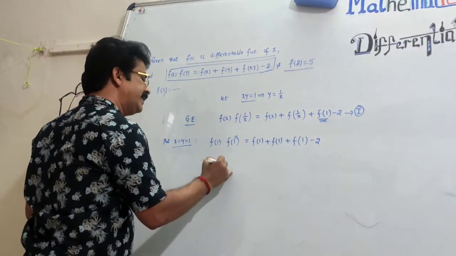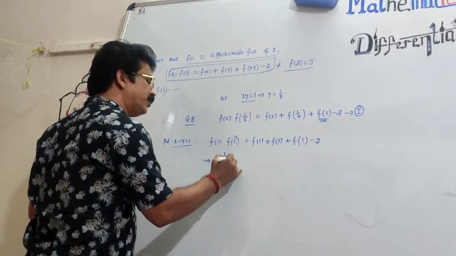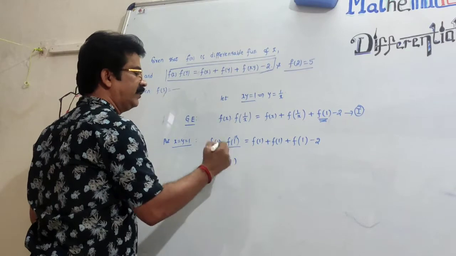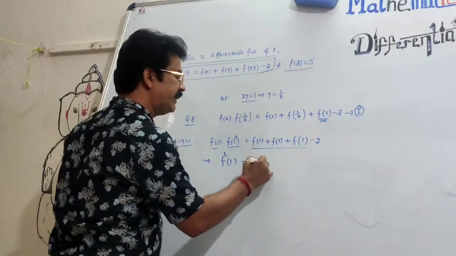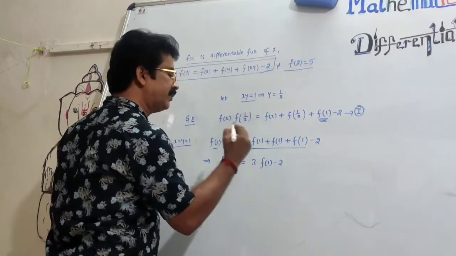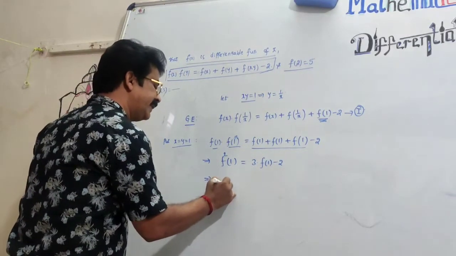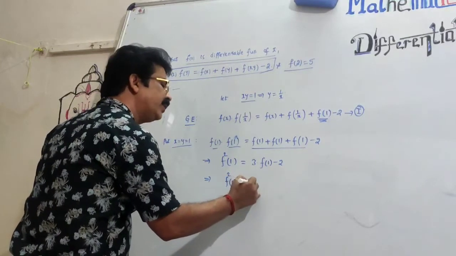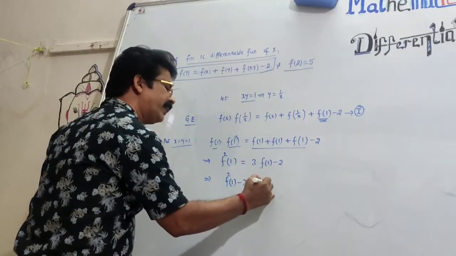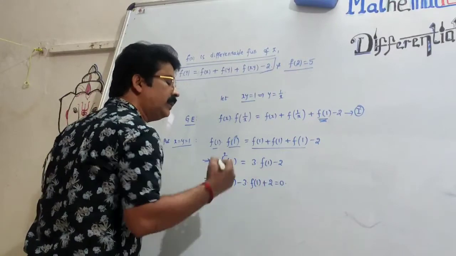So that implies f square of 1 is equal to 3 into f of 1 minus 2. So that implies f square of 1 minus 3 into f of 1 plus 2 is equal to 0.